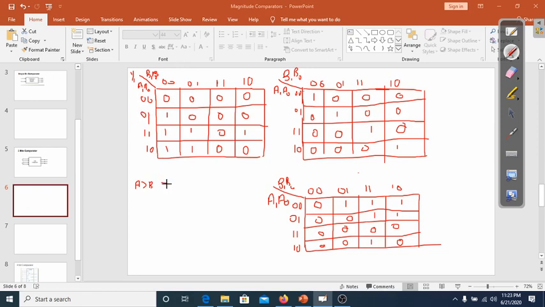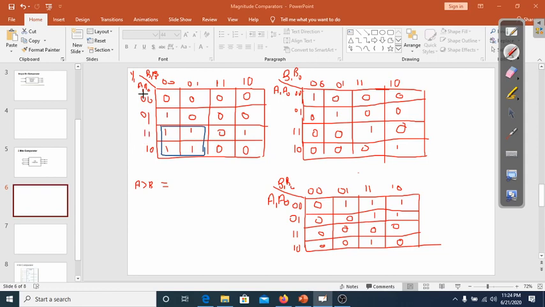In this case I can see that these 4 cells are adjacent, so these can be simplified.